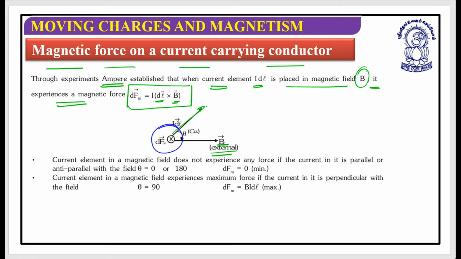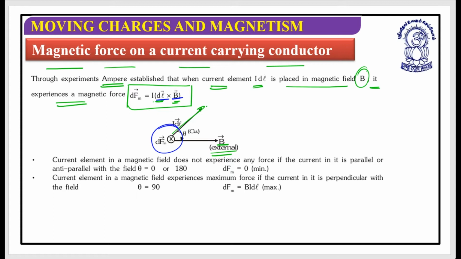Then dF would be within the plane of the paper, because these two have a vector multiplication, and the resulting vector would be perpendicular to each vector.